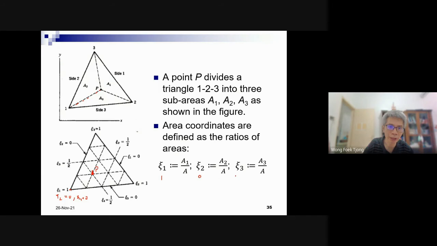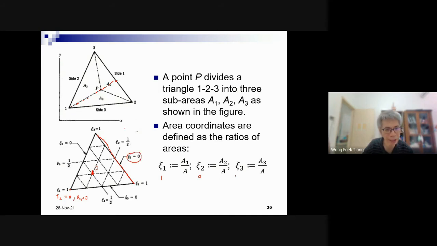How about the coordinate of a point on side 1? Let's say this one. How about C1 there? We can imagine that if I move P to there, what's the area of A1? It becomes 0, right? So this is actually the line where C1 is 0.